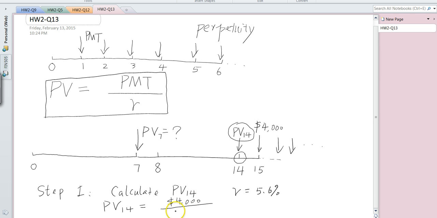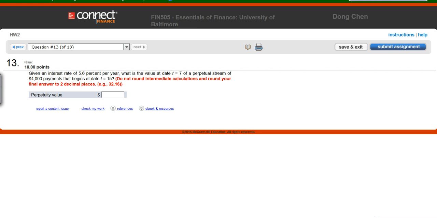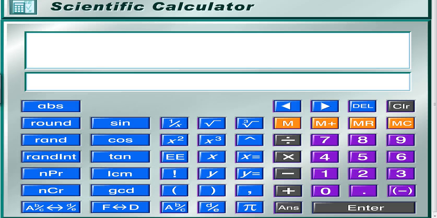It's 5.6%. So this gives me, just put this into my calculator, 4,000 divided by 5.6 times 100.